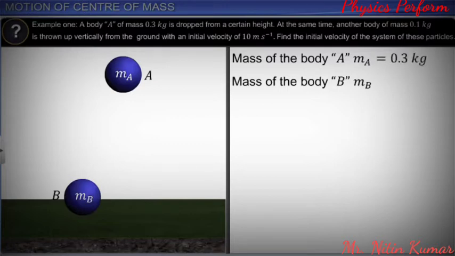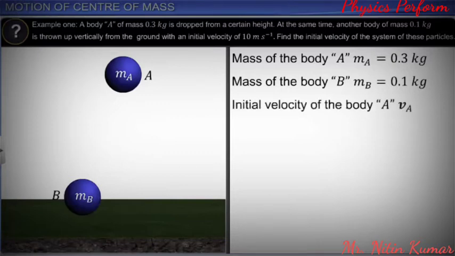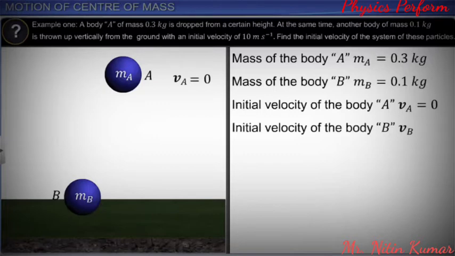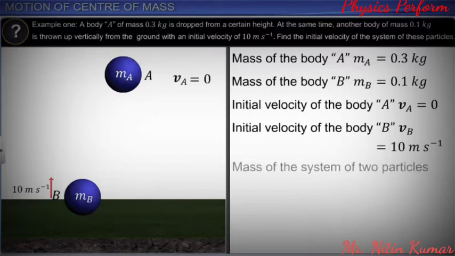For the body A, initial velocity va is equal to 0, and for the body B, initial velocity vb is equal to 10 meter per second. Mass of the system of two particles M is equal to ma plus mb, that is 0.3 plus 0.1 is equal to 0.4 kilogram.